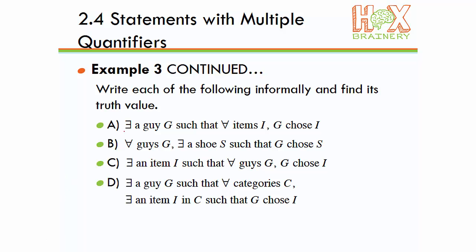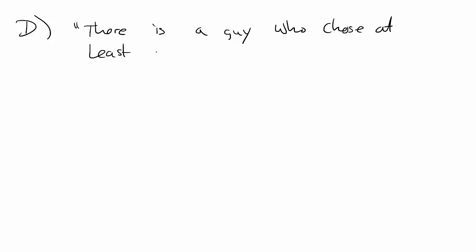So part D says, there exists a guy G such that for all categories C, there exists an item I in C such that G chose I. So we're going to say there is a guy who chose at least one item from every category.